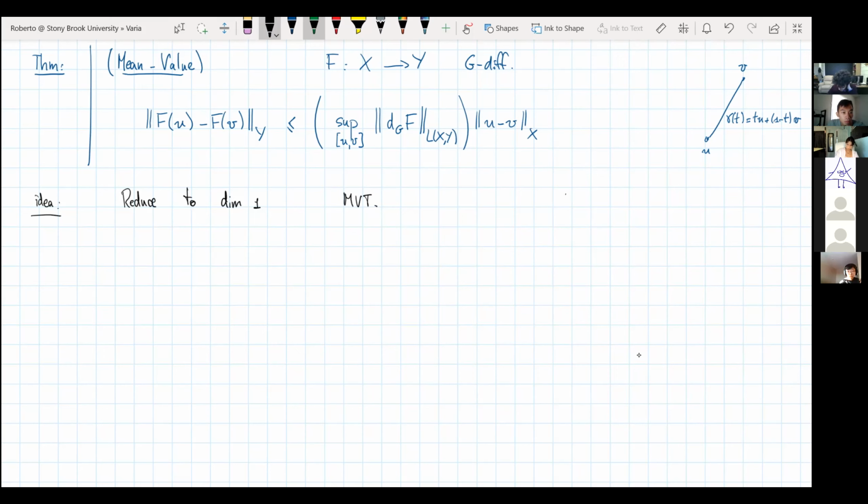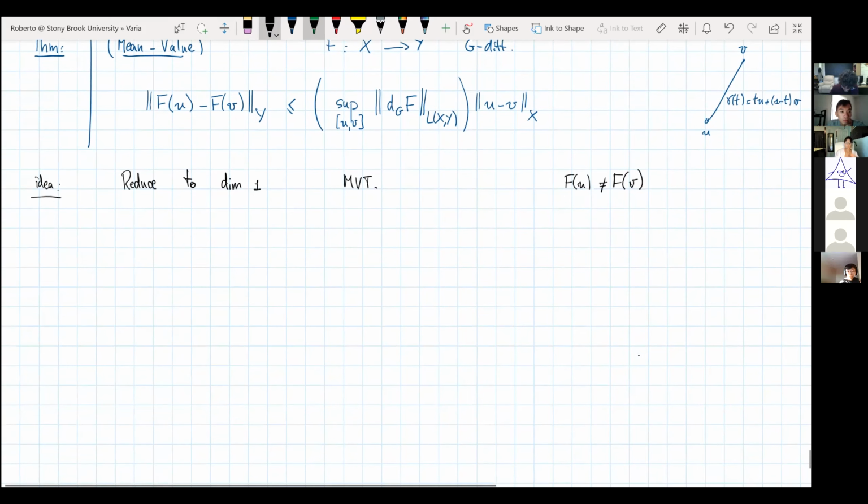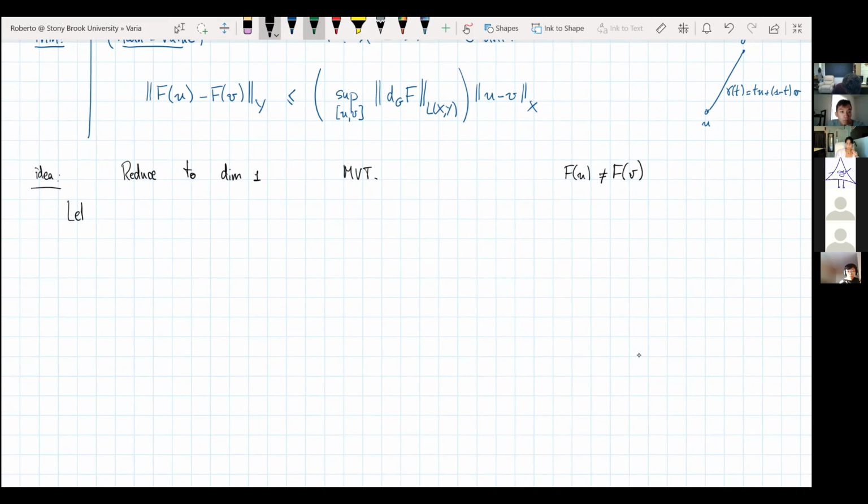So we can take f of u not equal to f of v, otherwise we have nothing to prove. And we can also take psi in the dual of Y, which is linear functions from Y to R, such that the norm of psi in Y star is 1.